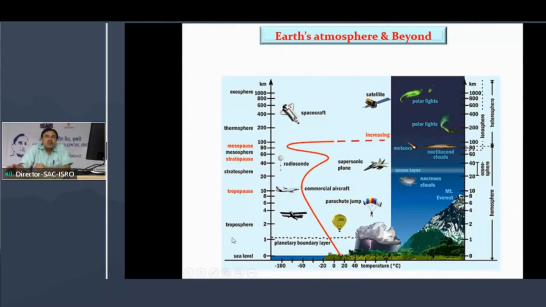Because initially when we do experiments related to communication or navigation, we will try to use balloons also, we'll try to use aircraft also, and satellite is the last stage when we launch anything at a height of 400 to 800 kilometers, or the final one, that is the geostationary satellite, which will go up to 36,000 kilometers.